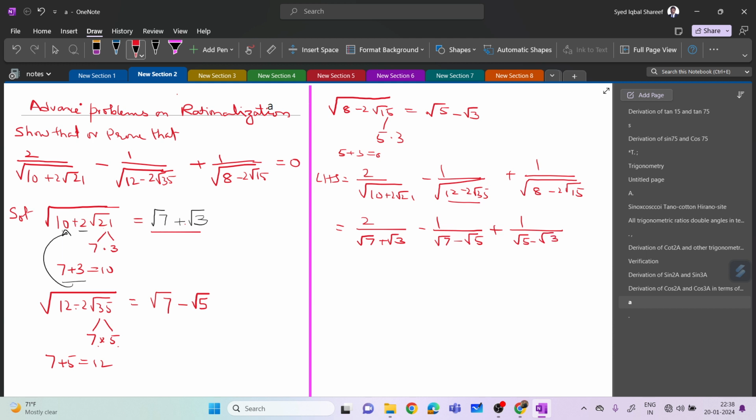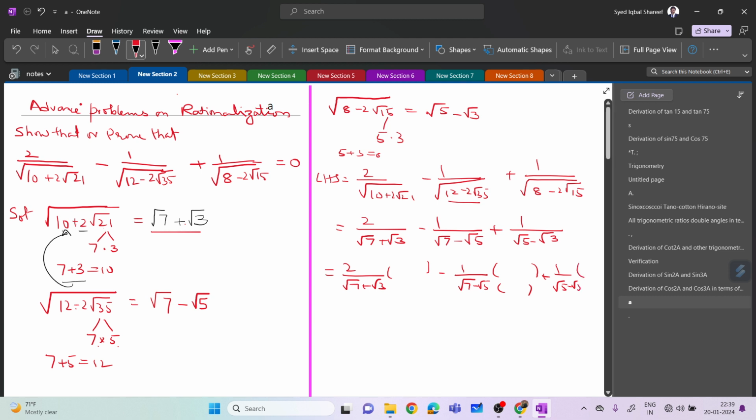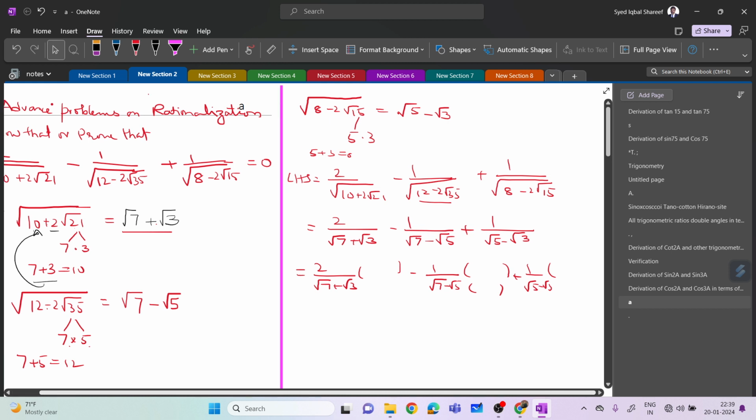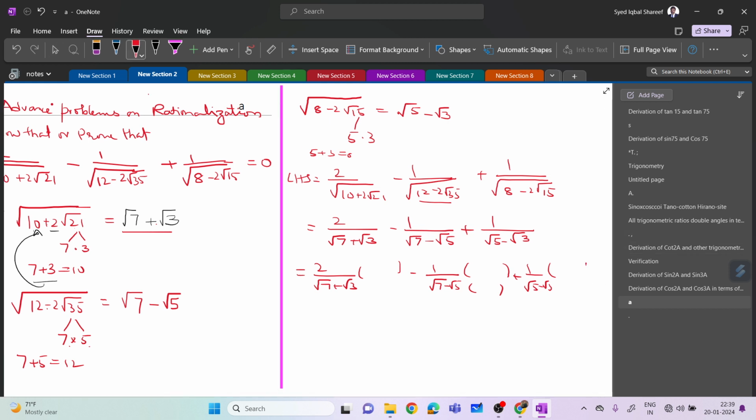Now you have to rationalize this. Rationalization part one: let me change the color.